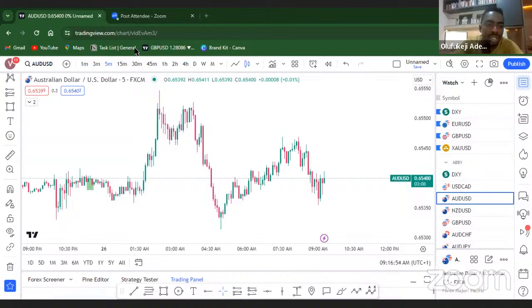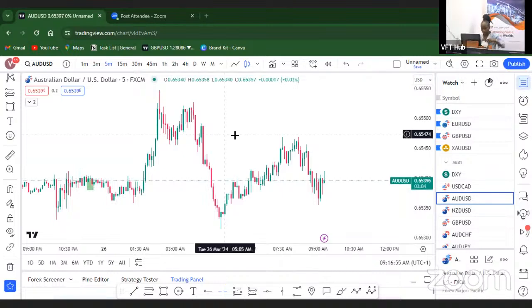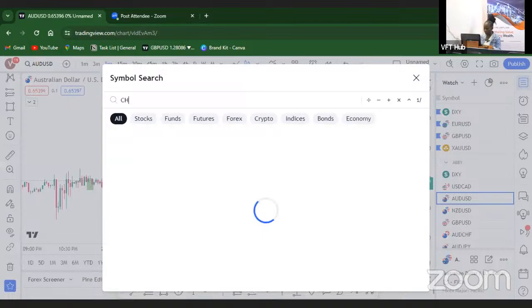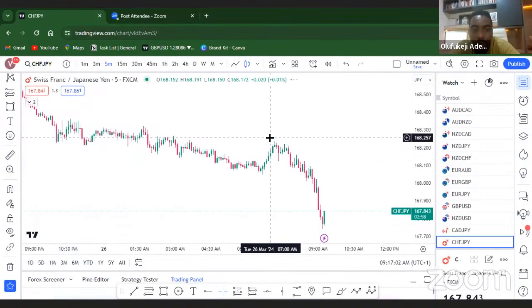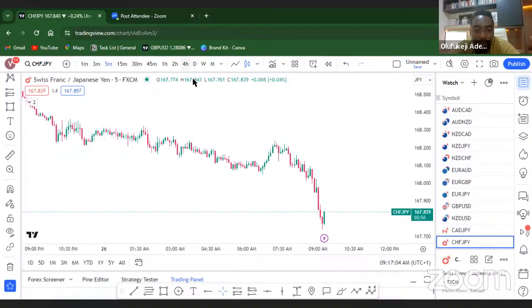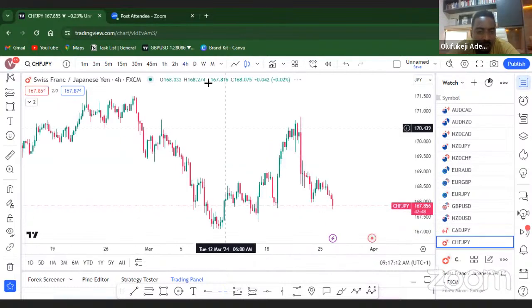Let's quickly see CHF-JPY. Those of you that were around yesterday, we were talking about central bank or monetary policy divergence. Who can remember what we spoke about? CHF-JPY, let's see it on the 4-hour or thereabout.